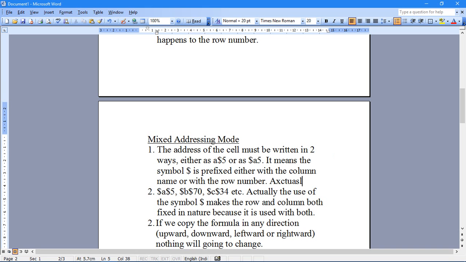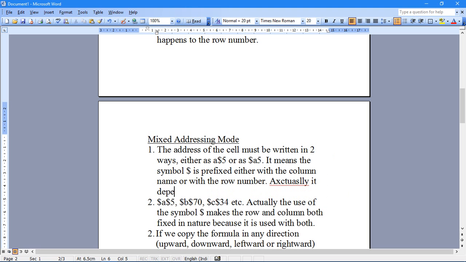Actually, it depends on the need and IQ of the user.